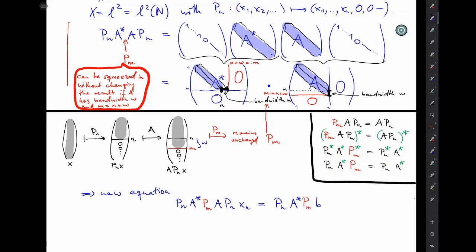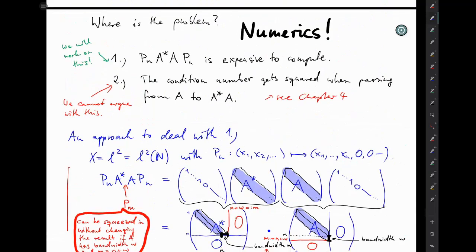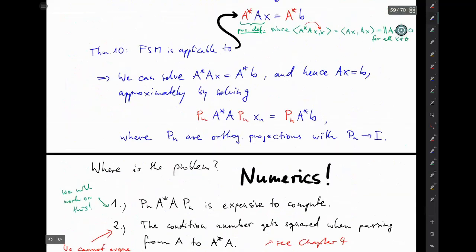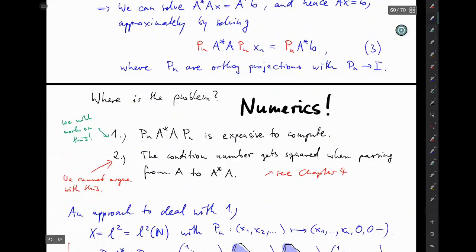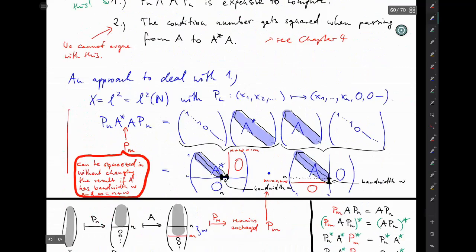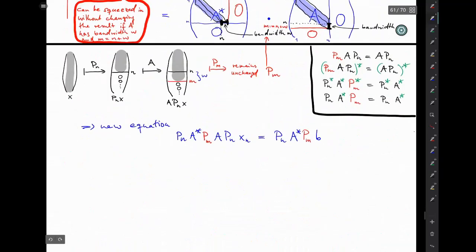We should give it a label, and we should probably start labeling our equations a lot earlier. Let me start up here. So this one is number 1, this here is 2, that is 3, and now we have squeezed in PM on the left and right, giving us number 4 here.